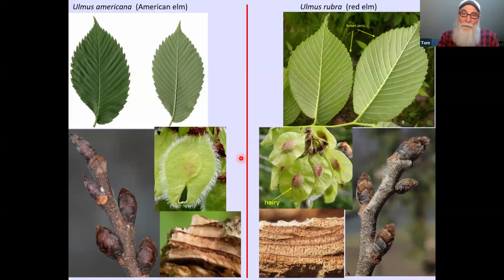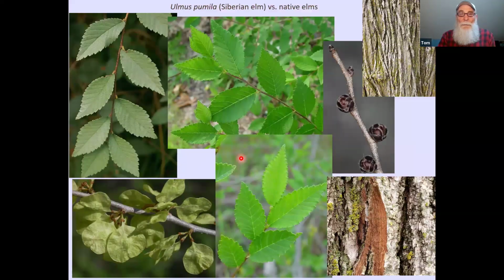And then the next slide here shows the two species of native elm, American elm and red elm. And the thing that the keys mostly use to separate Ulmus pumila from the native elms is the size of the leaves. And of course, I don't have anything for scale here, but you can kind of get a sense that these leaves are smaller. Basically, if the leaf blades, I'm just looking at the blade itself, not the petiole, there's not too much of a petiole on these.